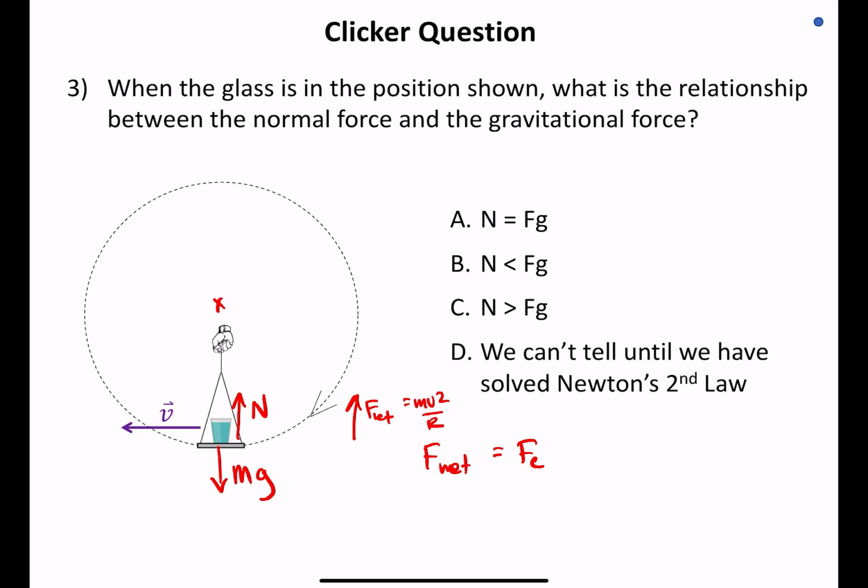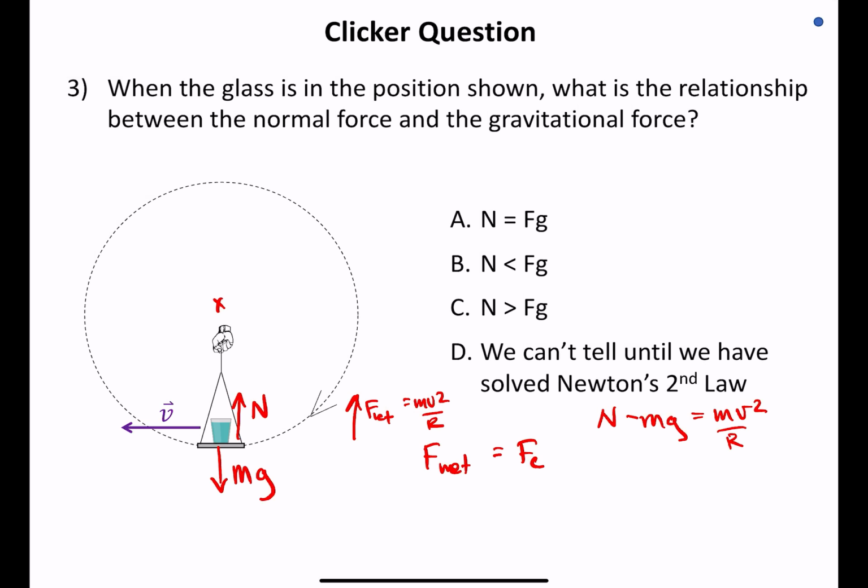Now, we know that we can write the sum of all of our forces equal to our net force. So in this case, our normal force is pointed up, so it's positive. Our gravitational force is pointed down, so it's negative, and that's equal to mv squared over r.